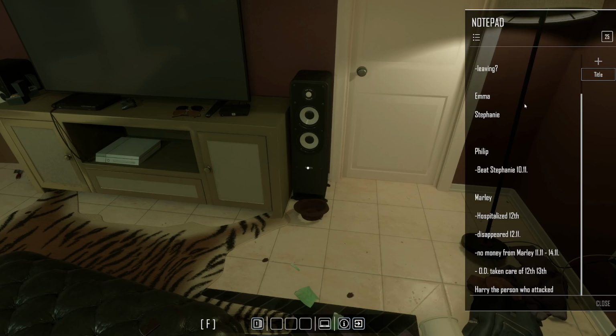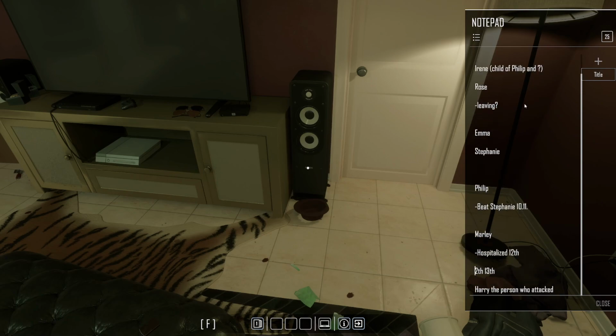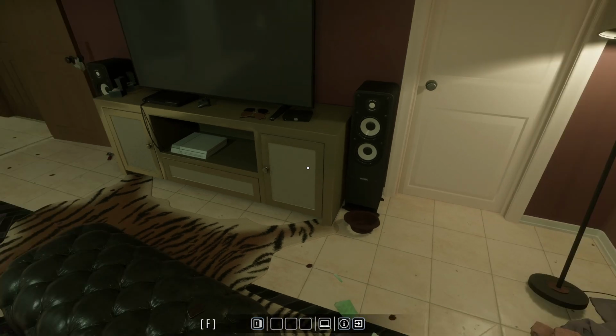I totally forgot there's actually a notepad in here. That is something I don't need at the moment. I'm fairly certain that now I can change that to Rose. Okay, we can close that for now.